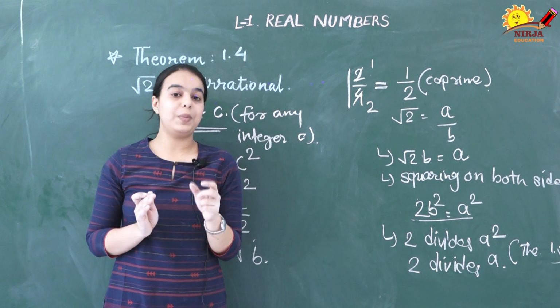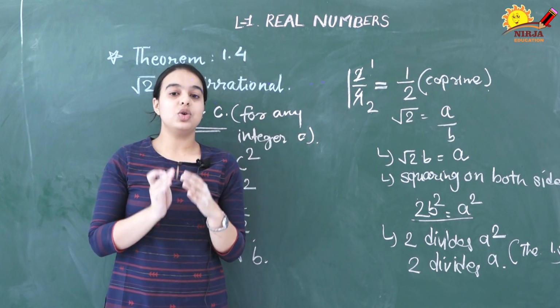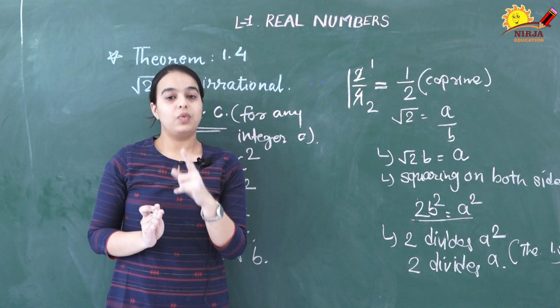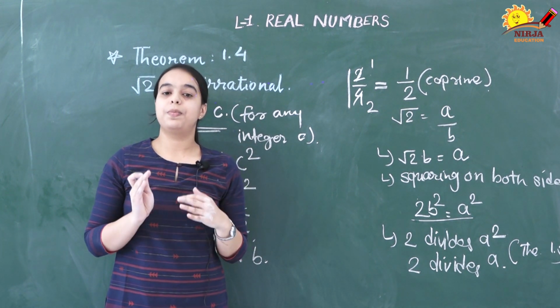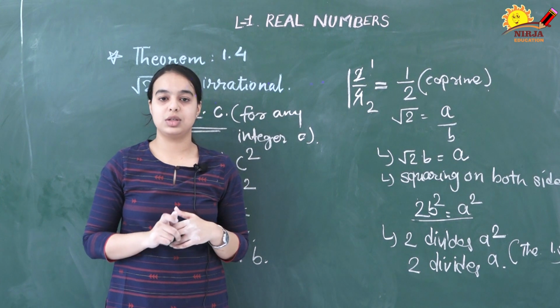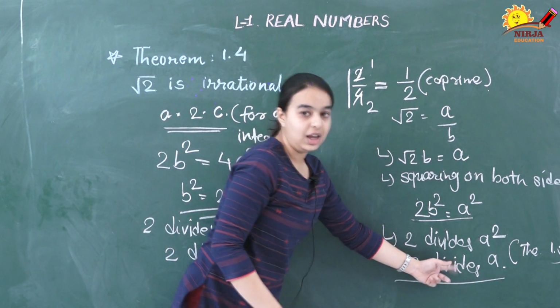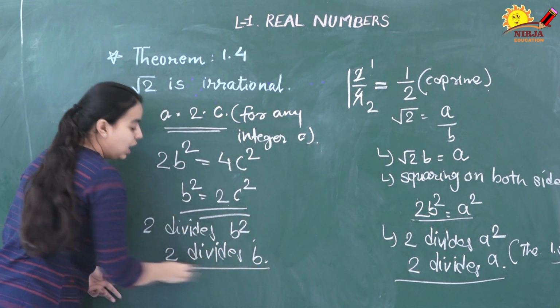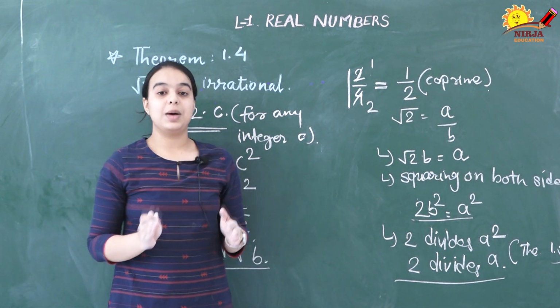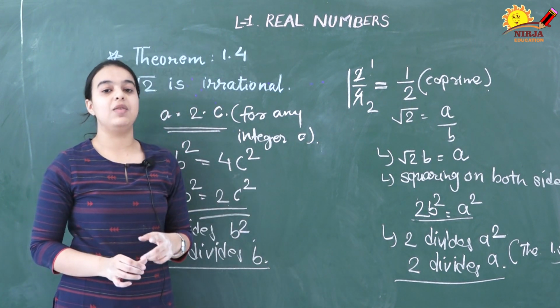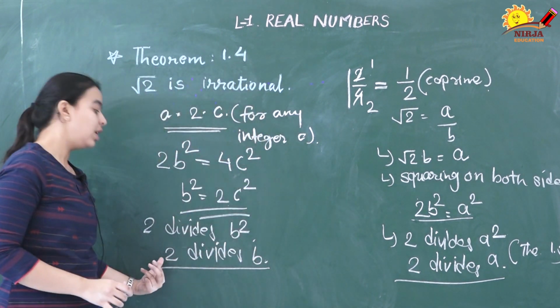The word co-prime means that they cannot have any common factor other than 1. But here what did we get? 2 divides a. Again what did we get? 2 divides b. That means a and b both have the common factor 2.